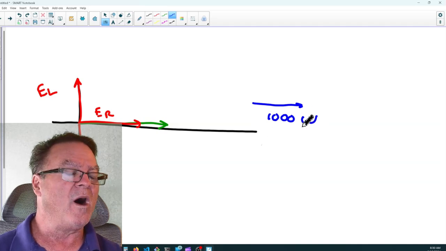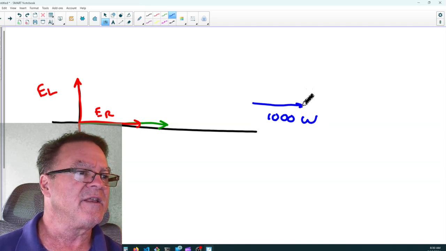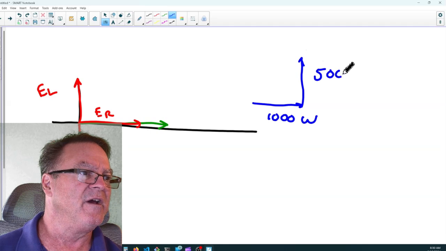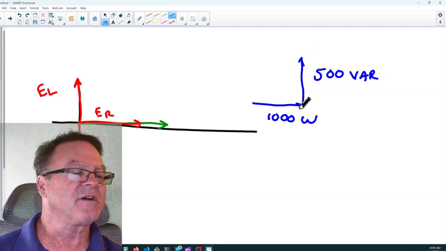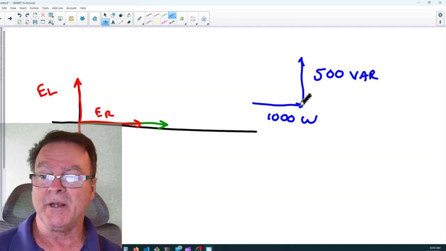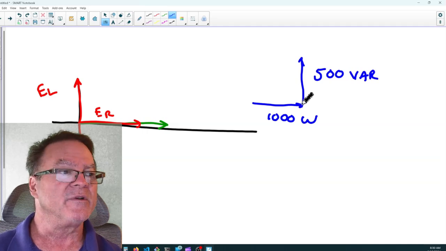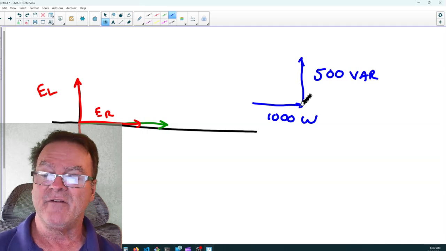So 1,000 watts. And then I'll say 500. I know this isn't to scale, sorry. 500 volt amps reactive. That's what that inductor appears to be using, but it's not. It's storing it up and then returning it to the circuit, but it does have a voltage and a current.